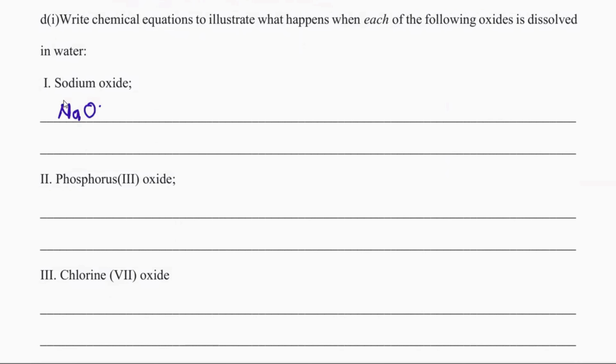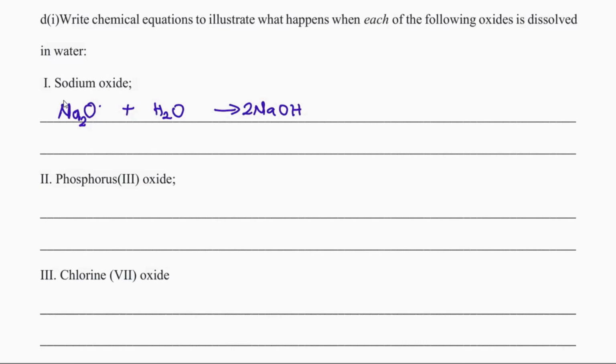By the crisscross method, oxygen has the valency of 2, which is given to sodium, and sodium has the valency of 1, which is given to oxygen. So this is the formula for sodium oxide, Na2O. When this reacts with water, H2O, it gives us sodium hydroxide. To balance this equation, we have our sodium here and sodium here.